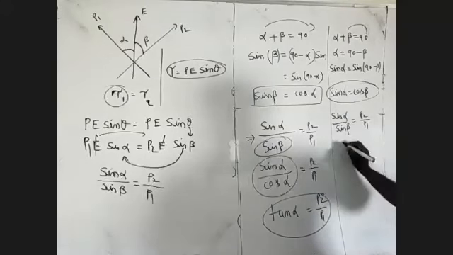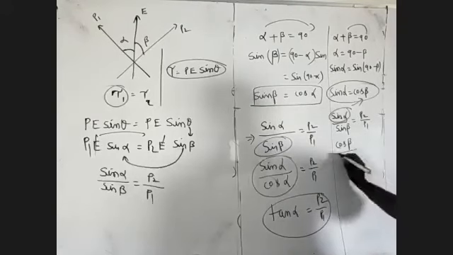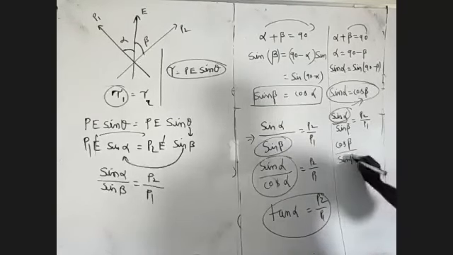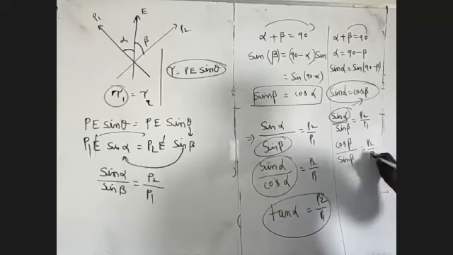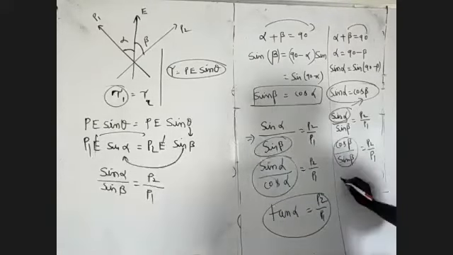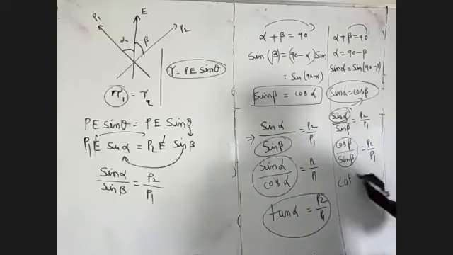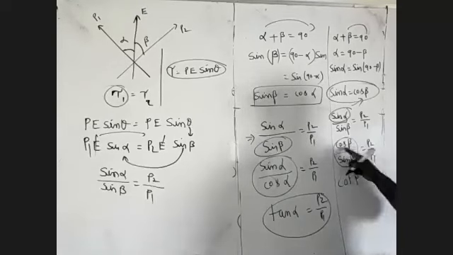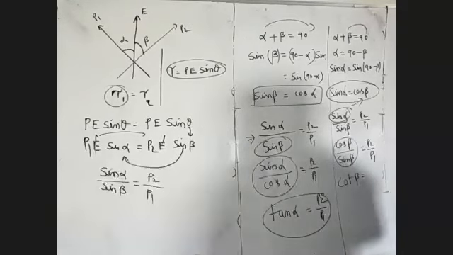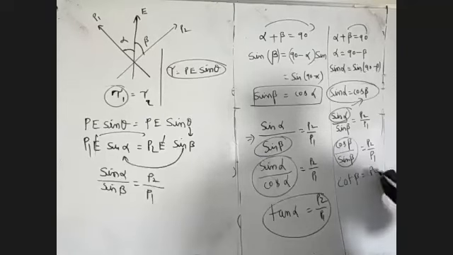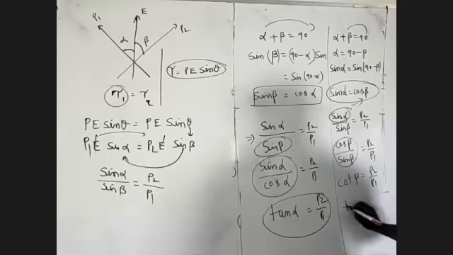Sin alpha means cos beta, so cos beta by sin beta is equal to P2 by P1. Cos by sin means cot beta is equal to P2 by P1. Now you can write the reverse: tan beta is equal to P1 by P2.